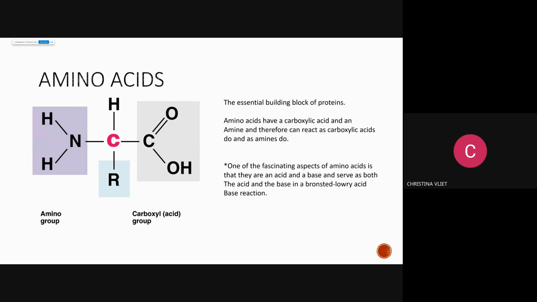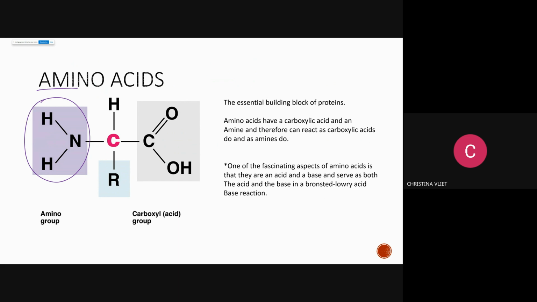In this course, you are going to be required to recognize the structure of an amino acid, meaning that you need to know that an amino acid has 4 components. If you read the name and you know your functional groups, you already know 2 of those components. Amino means you have an amine in an amino acid.